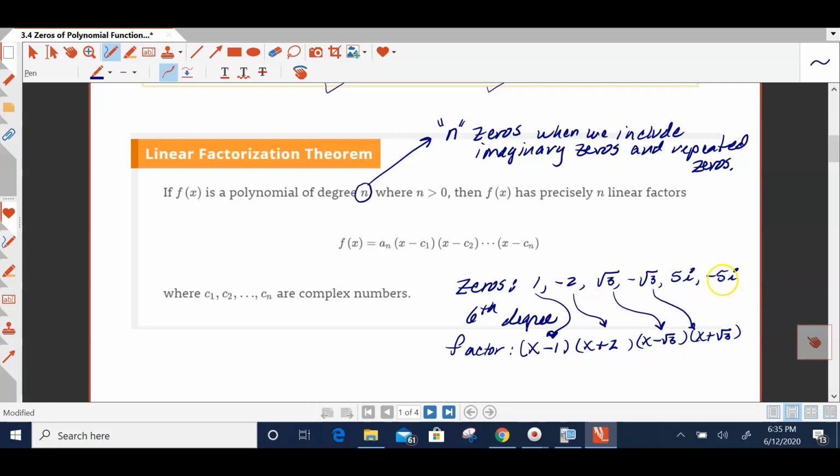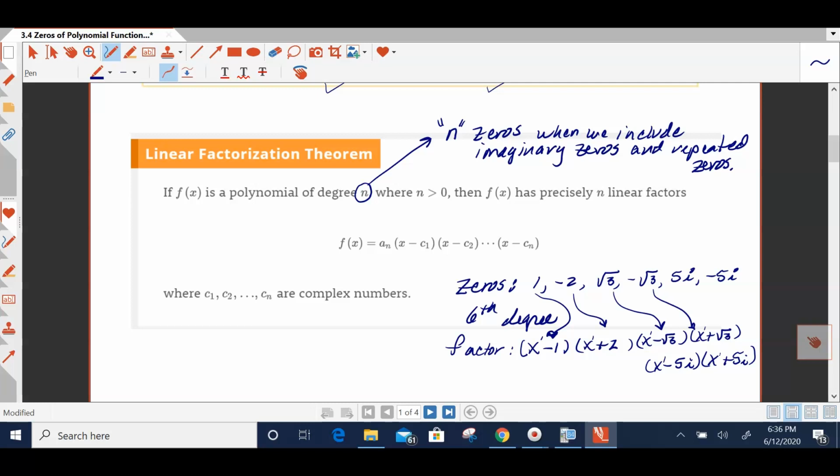And the other two, I've run out of room, but one would be written as x minus 5i, and the other one would be written as x plus 5i. How many factors? 1, 2, 3, 4, 5, 6. 6 linear factors. The word linear means they all have a degree of 1. The degree on each of those factors is 1. That's the linear factorization theorem.